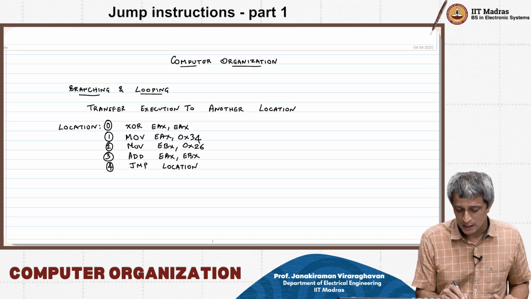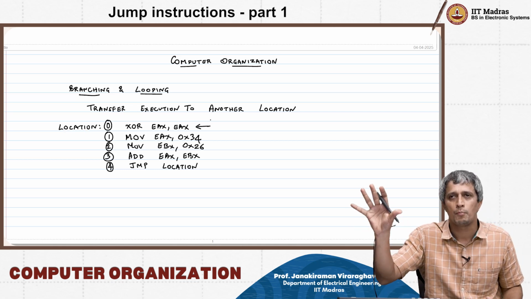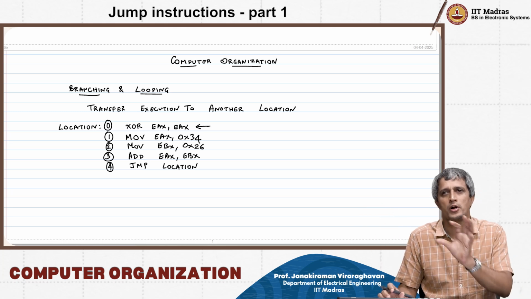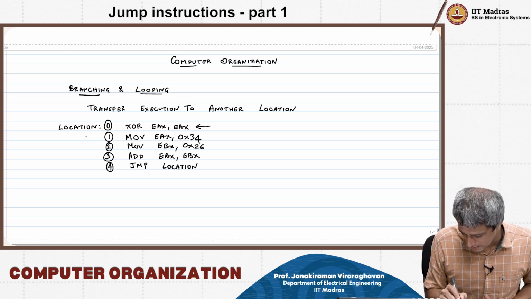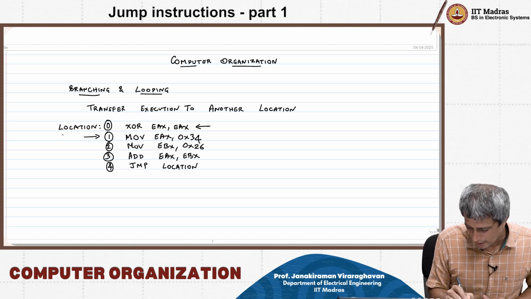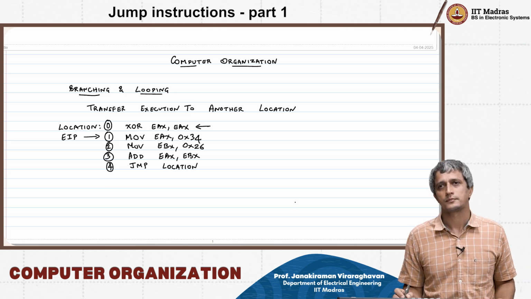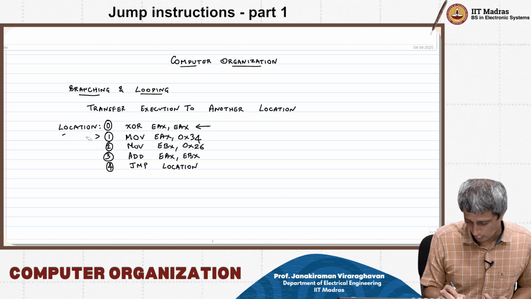Remember that this instruction itself is going to sit in some part of the code memory and has a certain address. The instruction pointer is going to be made to point to that. So let's assume that initially we made the instruction pointer point to this. Okay, EIP was made to point to this particular location.